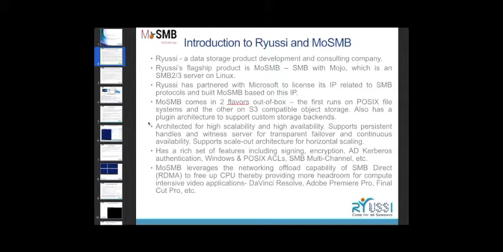We have a fairly rich feature set, which includes signing, encryption, AD Kerberos authentication, Windows and POSIX ACLs, SMB Multichannel, and quite a few other features as well. This set of features makes it well suited for a lot of enterprise use cases.